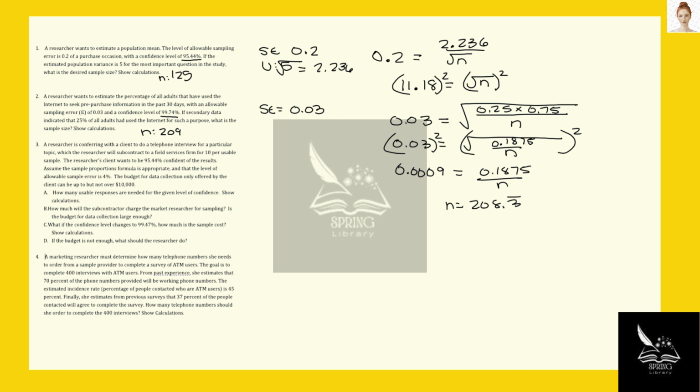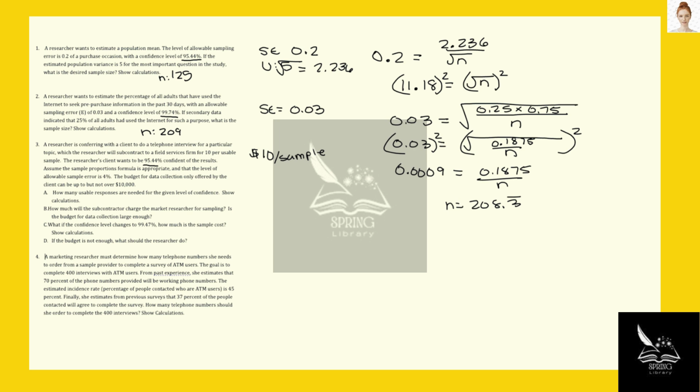A researcher is conferring with a client to do a telephone interview for a particular topic, which the researcher will subcontract to a field service firm for $10 per usable sample. The researcher's client wants to be 95.44% confident of the results.